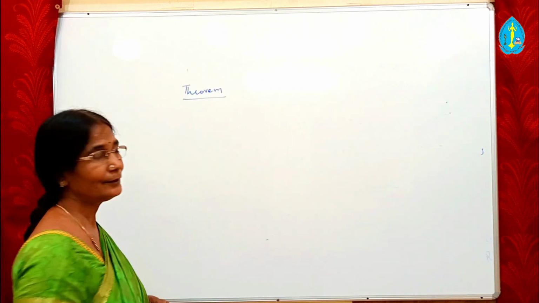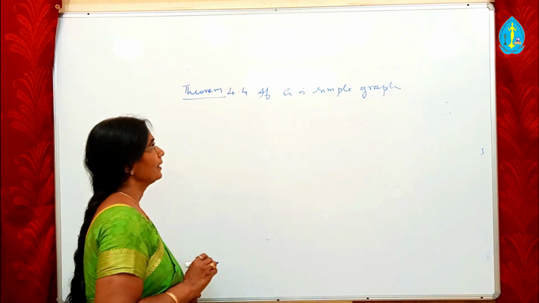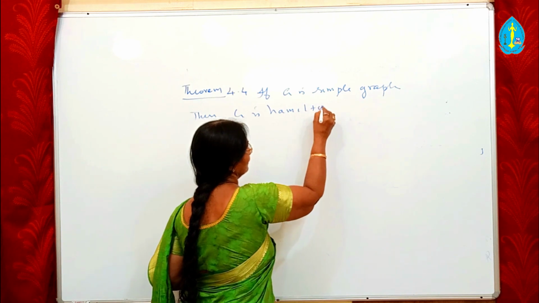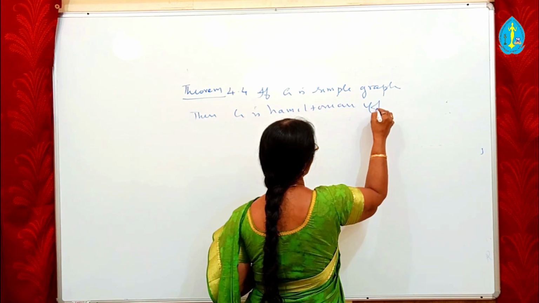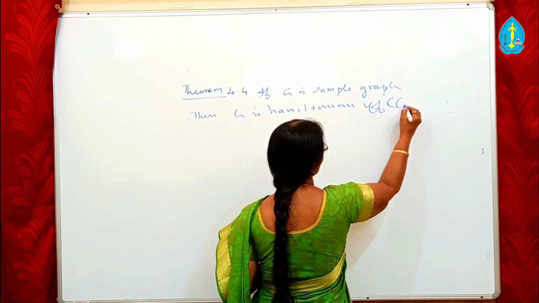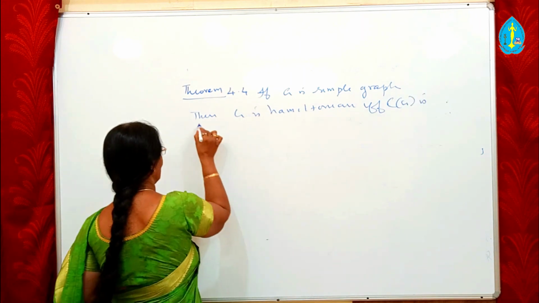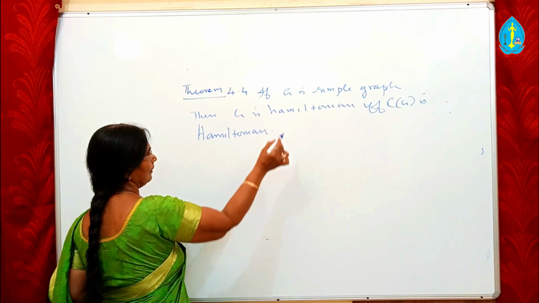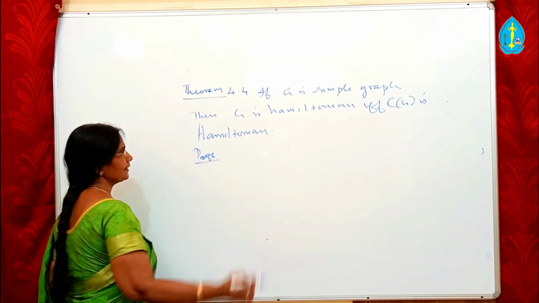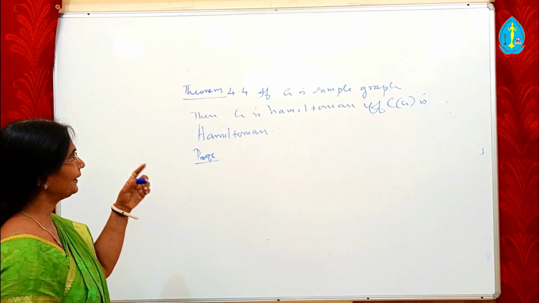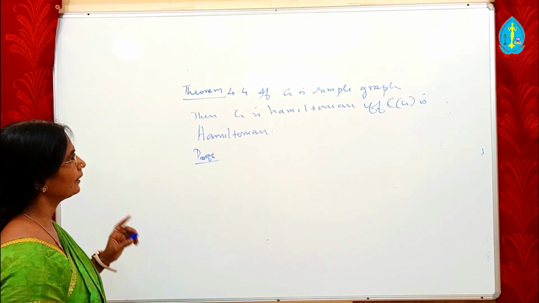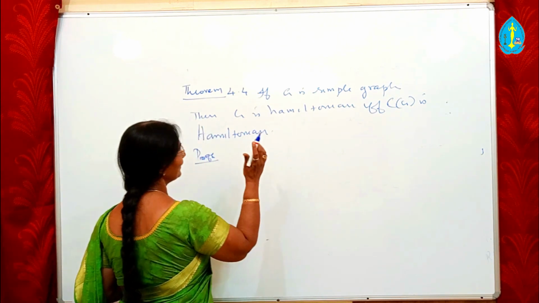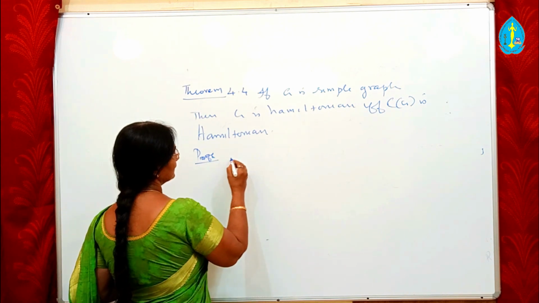Next, Theorem 4.4. If G is a simple graph, then G is Hamiltonian if and only if C of G is Hamiltonian. That is, G is a graph, and C of G is the graph obtained from G by recursively joining the non-adjacent vertices of G whose degree sum is at least gamma until no such pair exists.